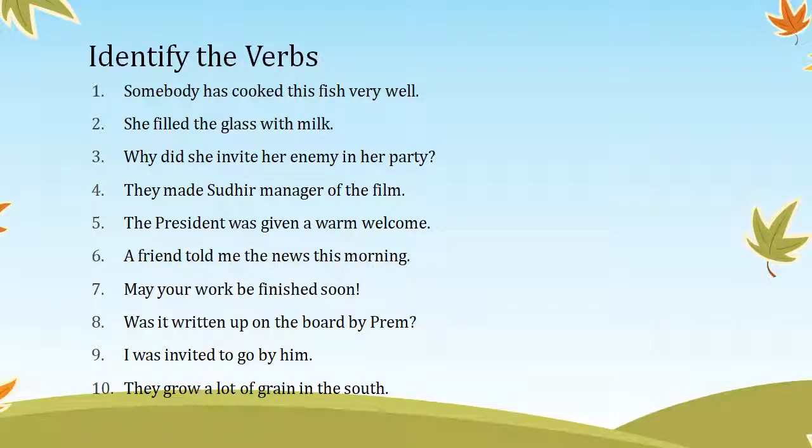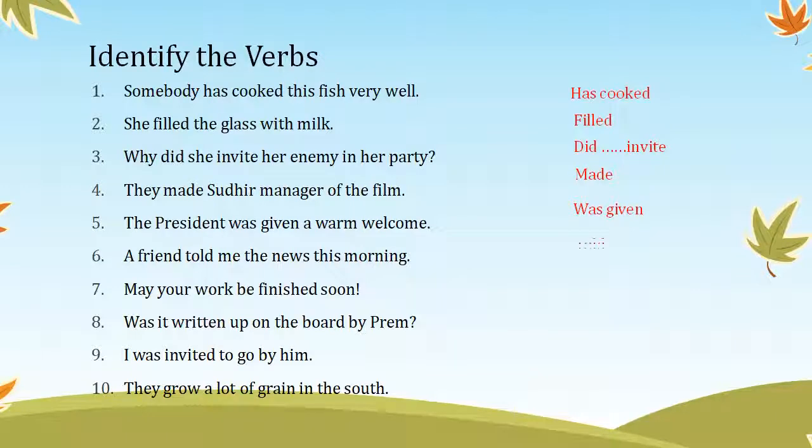Okay, let's go. What is written over there? Number 1, has cooked. Number 2, is filled. Number 3, did invite. Number 4, made. Number 5, was given.